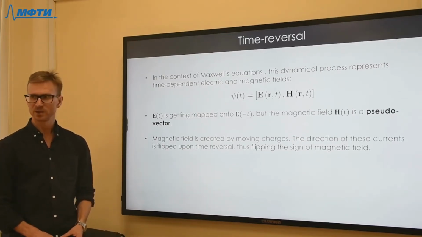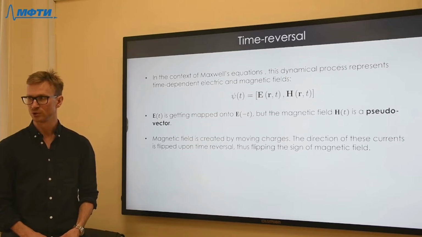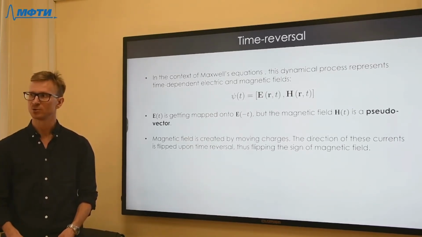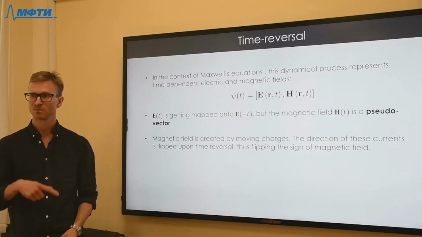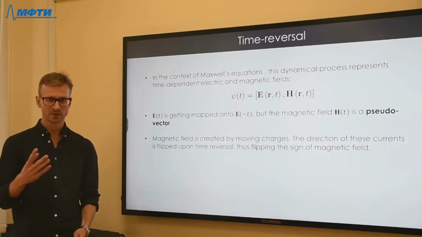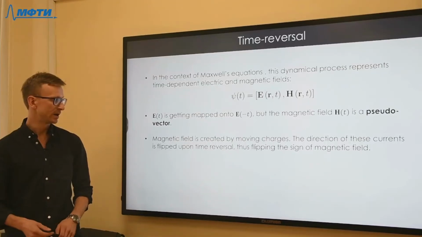And this can be understood from the microscopic perspective. You see, the magnetic field is created by the motion of charges. And what happens when we flip the direction of time? What happens to the motion of these charges? They start to move in the opposite direction. And the magnetic field being created by the motion of charges, not by charges, but the motion, is also getting flipped.